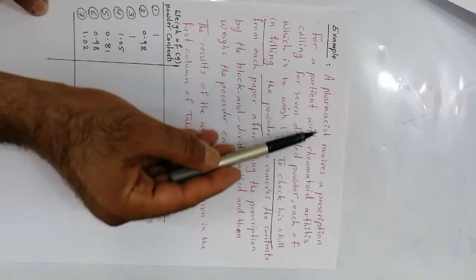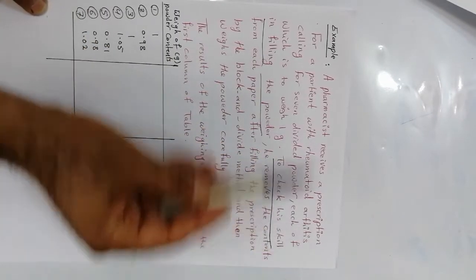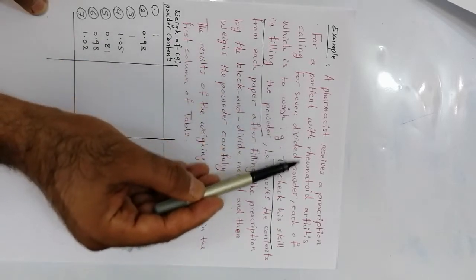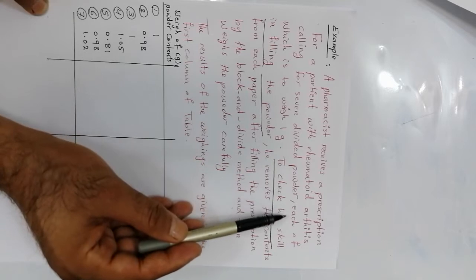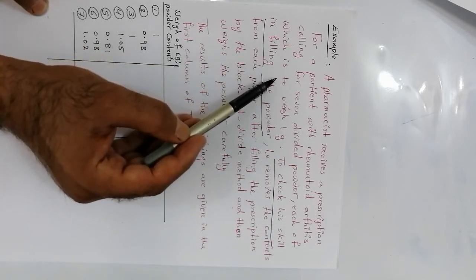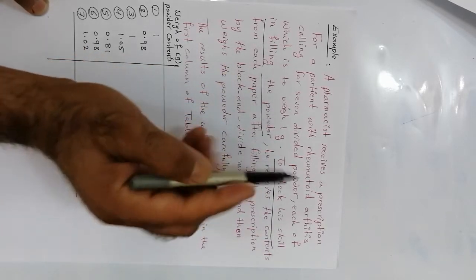A pharmacist receives a prescription for a patient with rheumatoid arthritis, calling for 7 divided powders, each of which is to weigh 1 gram.